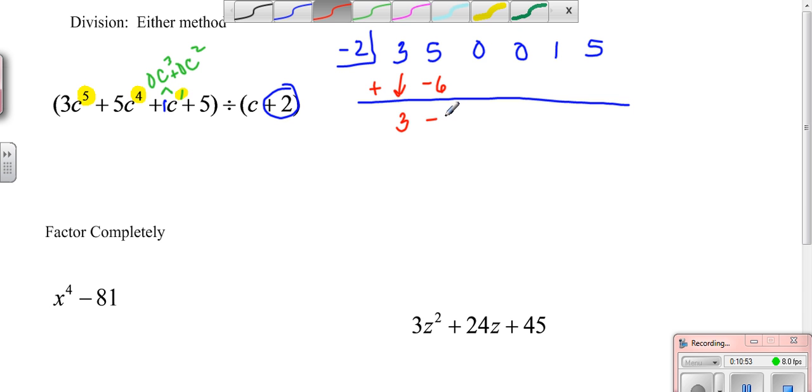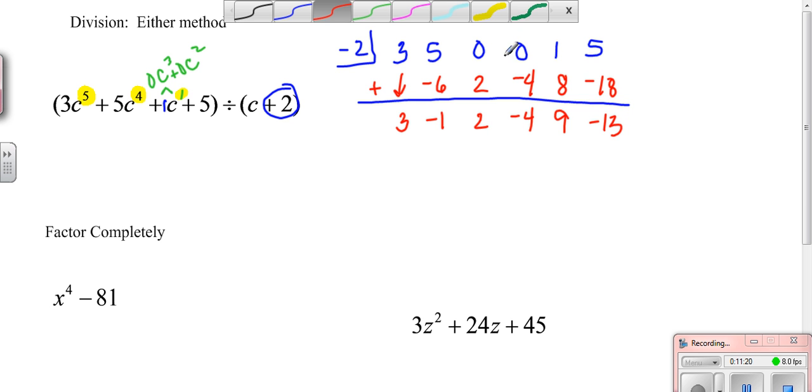So 5 plus negative 6 is negative 1. Negative 2 times negative 1 is positive 2. 0 plus 2 is 2. Negative 2 times 2 is negative 4. Add negative 4. Negative 2 times negative 4 is 8. Add gives me 9. Negative 2 times 9 is negative 18.